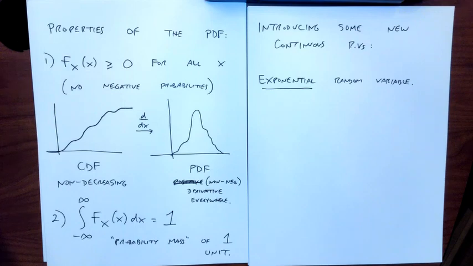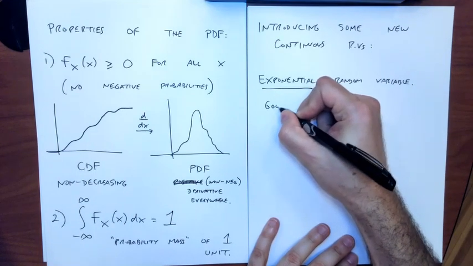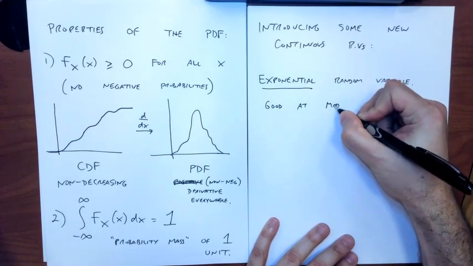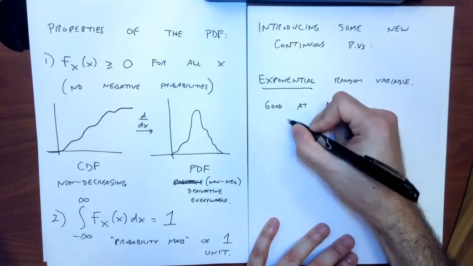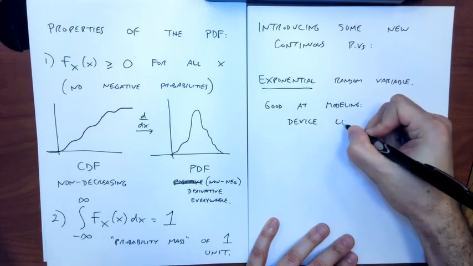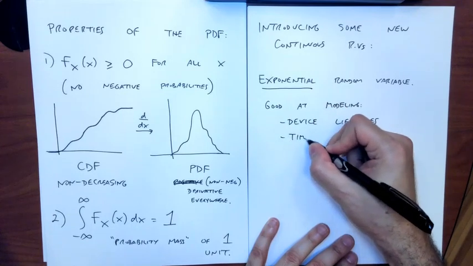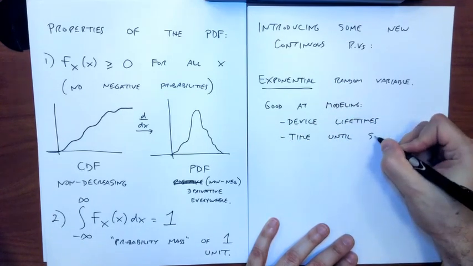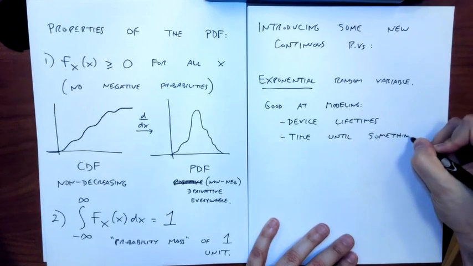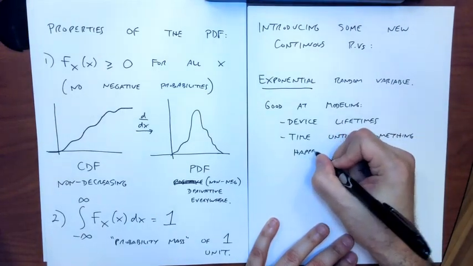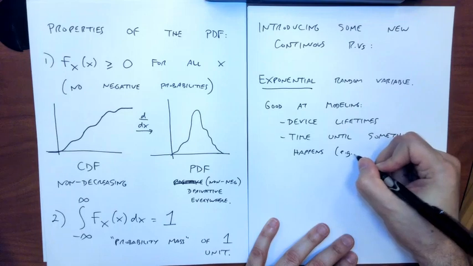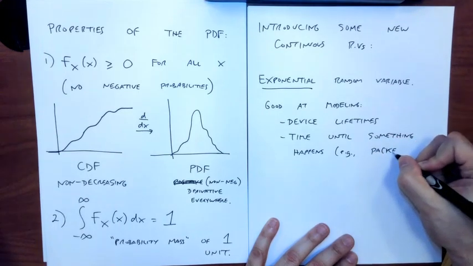So if you're in a bank or at the mechanic or wherever, this notion of time to wait until something happens is often modeled as exponential. So this is good at modeling things like device lifetimes or time until something happens in general, for example, a packet arriving at a router.